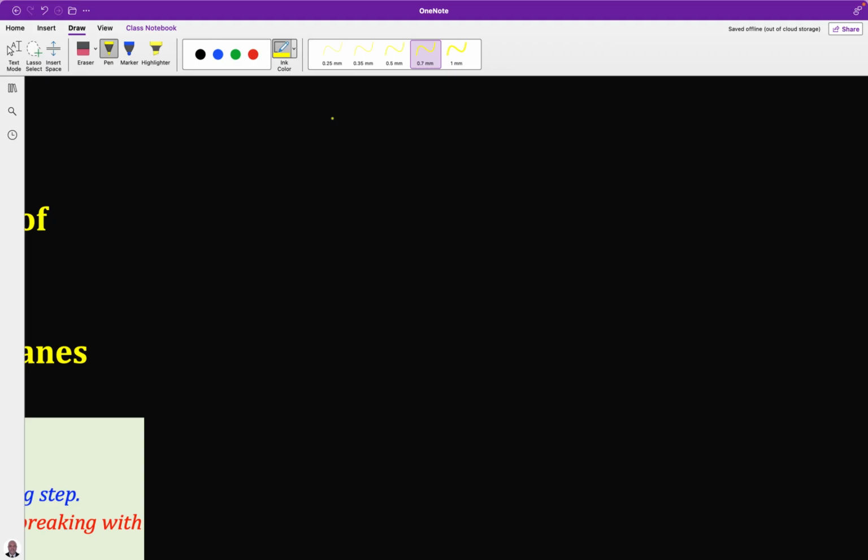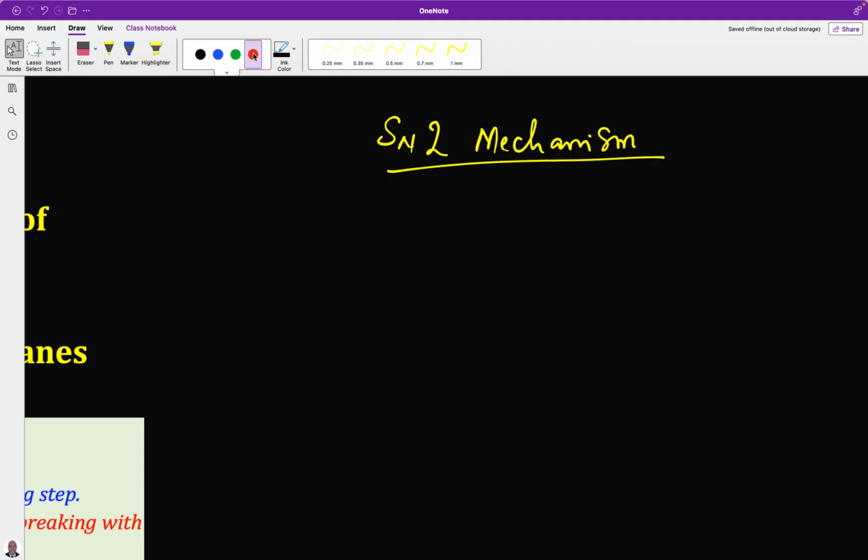SN2 mechanism, it is a one-step reaction.